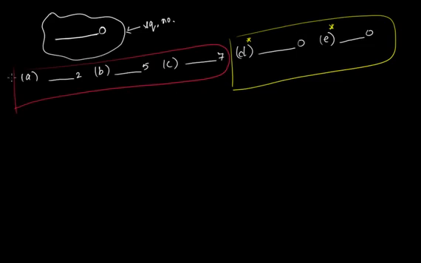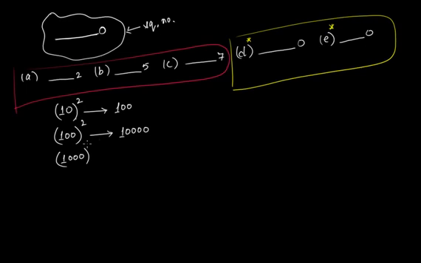It means that if I write it this way, if the number is 10, then its square number will be 100. If your number is 100, its square number will be 1, 2, 3, 4, that is 10,000. If it is 1000, that is 3 zeros, the square number will have 6 zeros.